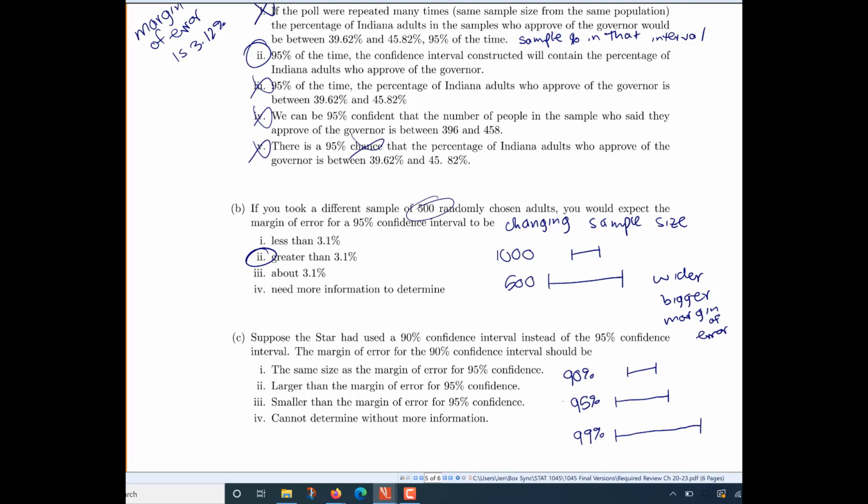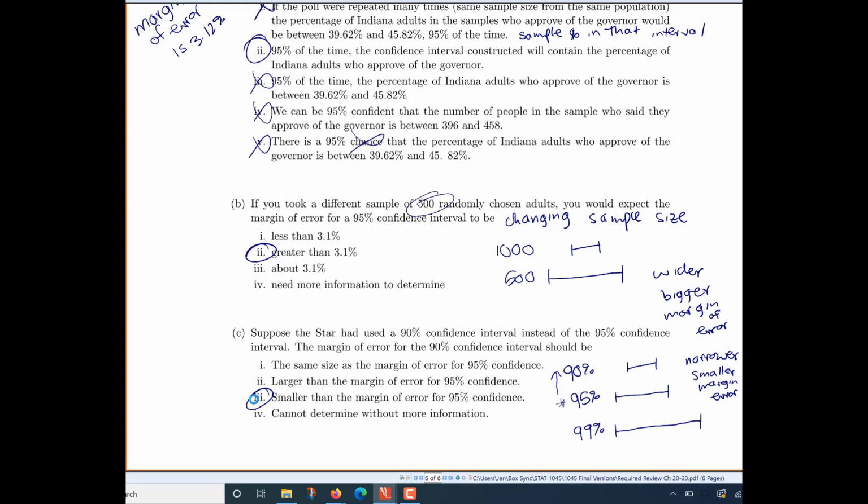Let's see, so we were at 95% and we're going to 90%, so it should be getting narrower or a smaller margin of error. Let's see, so the same size, well no, that doesn't work. Larger, no, we said it should be smaller. Oh, here we go, smaller than the margin of error for 95% confidence. So again, as you do the exam, please figure out what your answer is first, then look at the multiple choices.